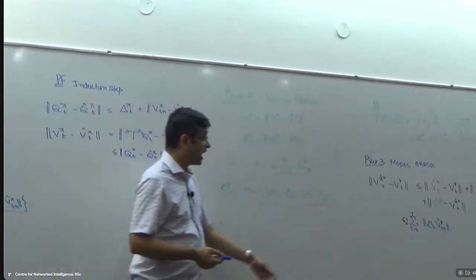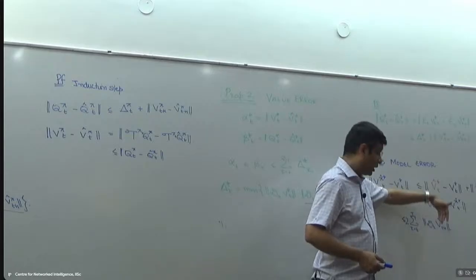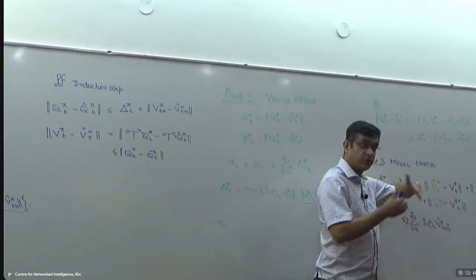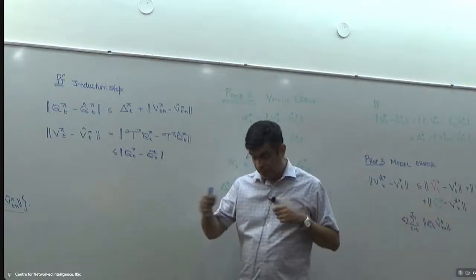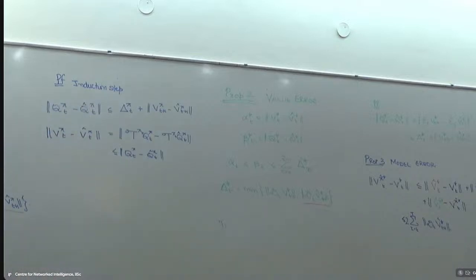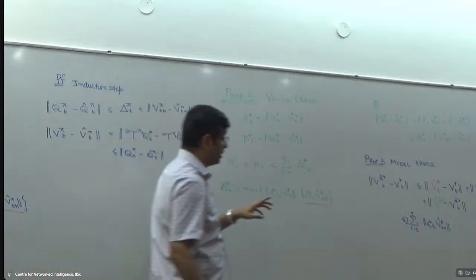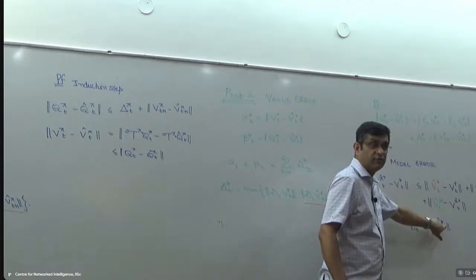This guy becomes a random variable, and it is difficult to get bounds in terms of differences of random variables, but you can get bounds if this was a constant and I was getting the mismatch operator in terms of the V star. So there is some value in some settings to get a bound which looks at d of V star t rather than V hat star t plus 1.